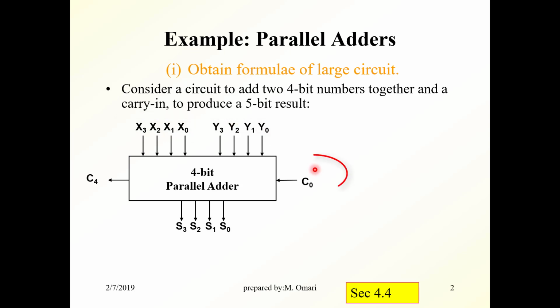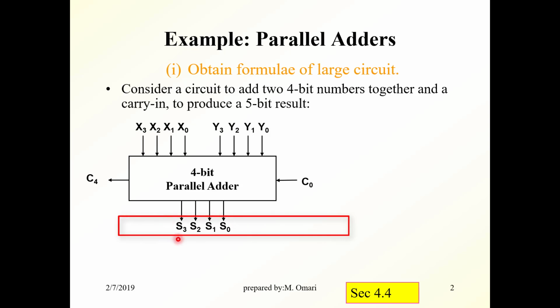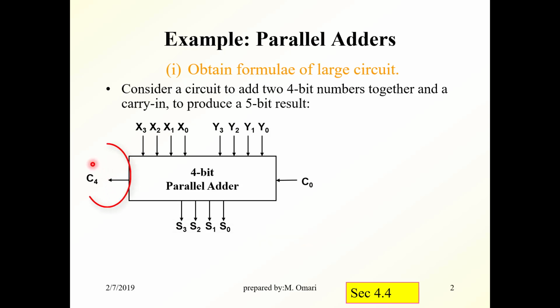And this is the carry in, which is 1 bit. This circuit will add X and Y and C0 together. Of course, this will result in a sum of 5 bits: S as the sum of 4 bits and the final carry, which is C4.